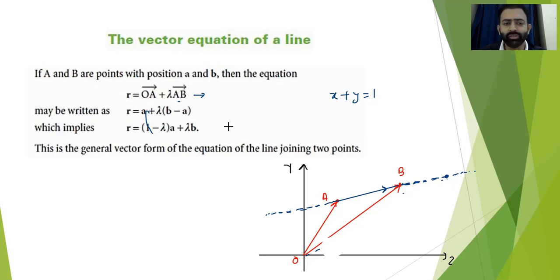To add two vectors, the tail of the second vector is joined to the tip of the first vector. If this is the first vector OA and this is the second vector AB, you get the vector OB.